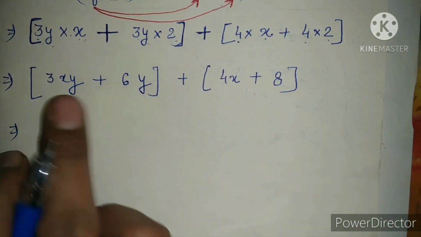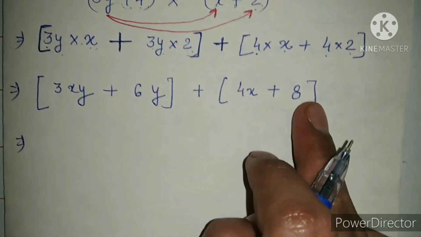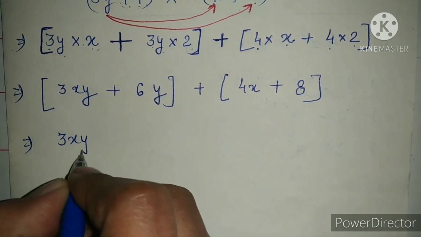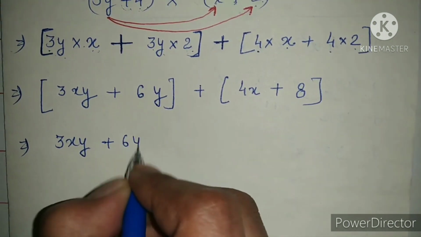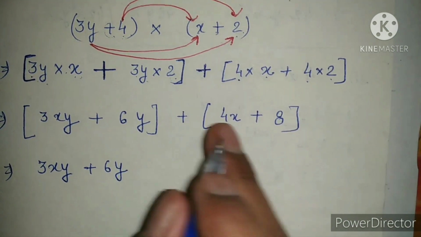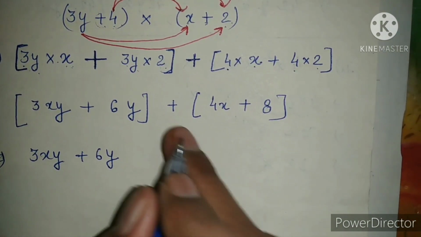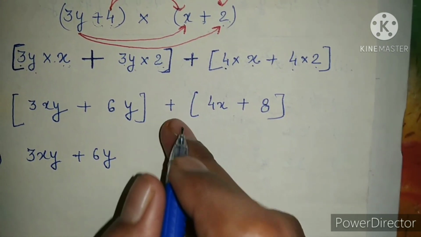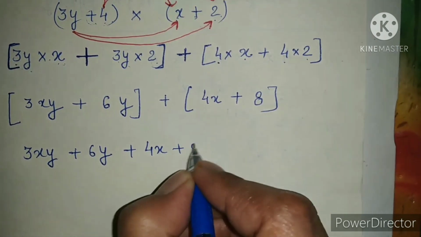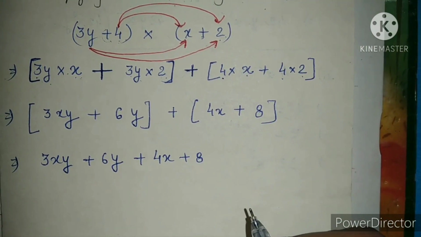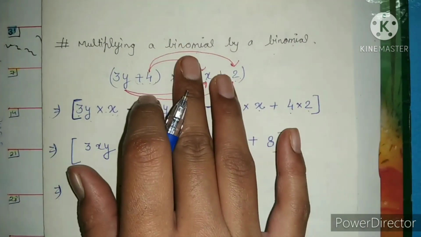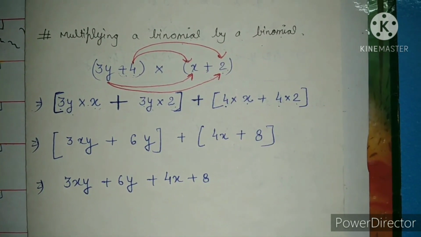Here xy, here y, here x, and here we don't have any variable, so we can open their bracket as 3xy plus 6y. If in case here we had minus, then minus would multiply inside the bracket, but here we have plus, so nothing we have to do, same thing will come here, plus 4x plus 8. This will be the answer when we are multiplying a binomial by a binomial.